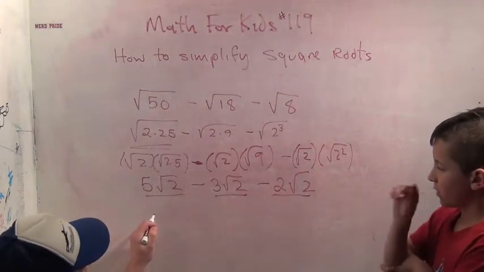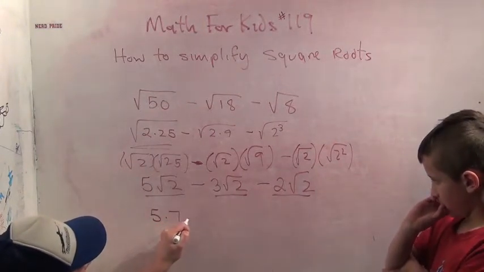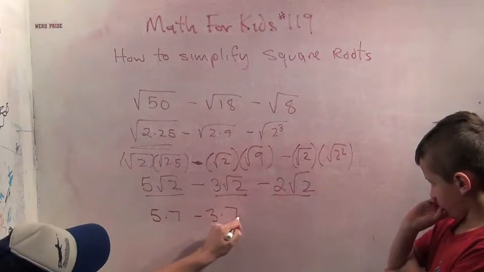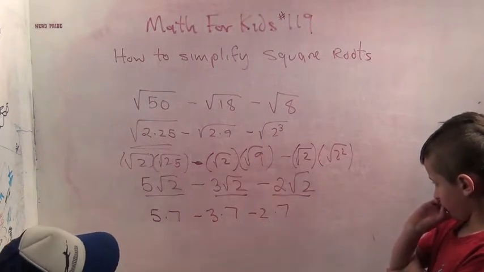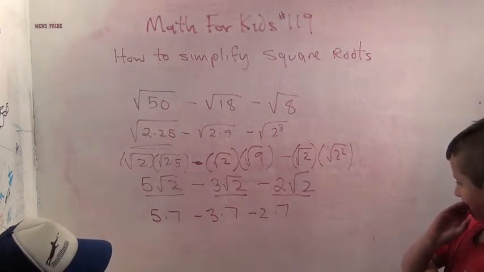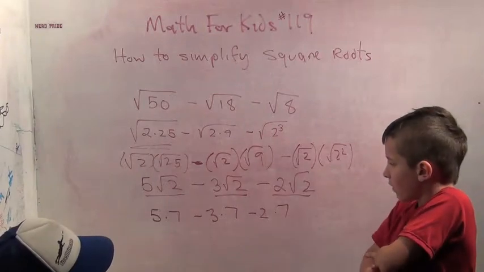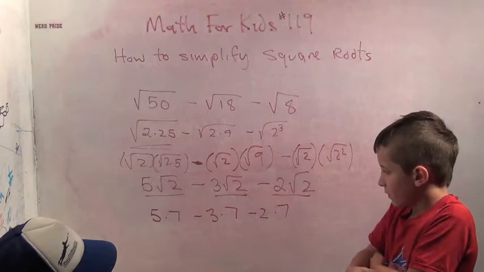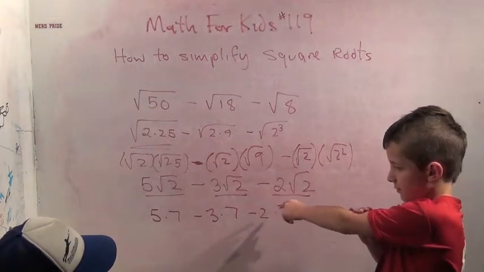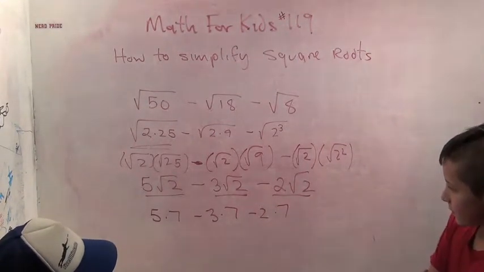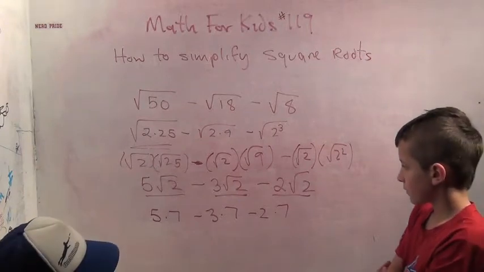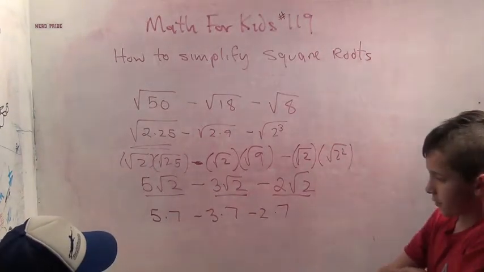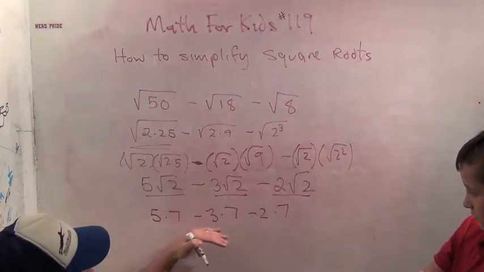What if this was 5 times 7 minus 3 times 7 minus 2 times 7? What would you do here? We can't move these around. I would do this part first: 5 times 7 minus 3 times 7.